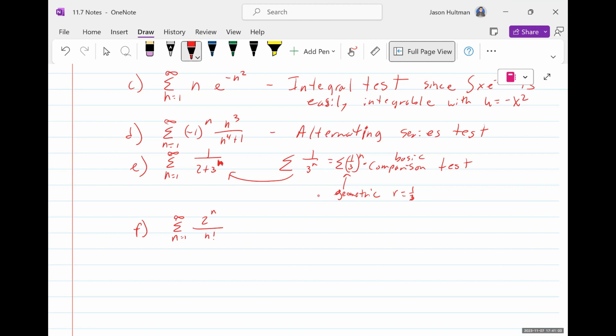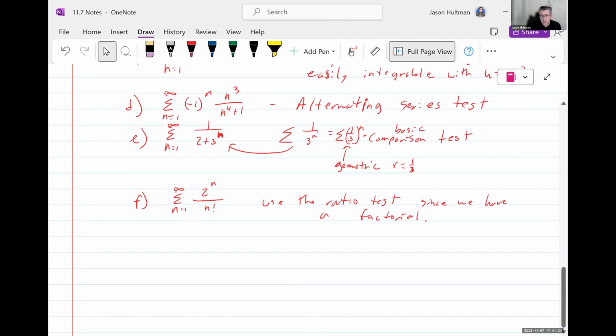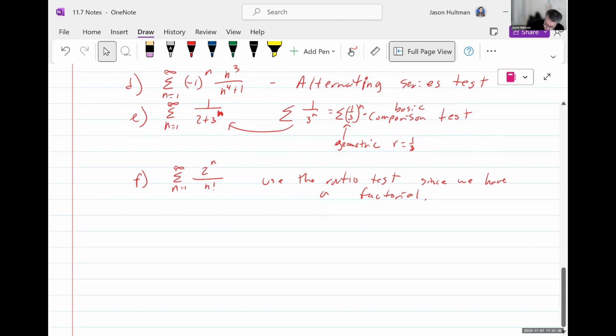Yeah, ratio test, since we have a factorial. If you have a factorial, it screams ratio test because if you get n factorial over n plus 1 factorial, then everything cancels out except for the n plus 1. Let me show you that real quick.